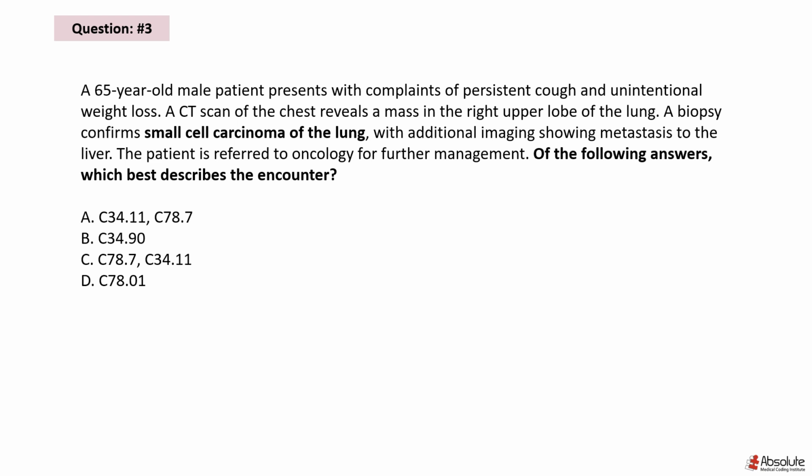A CT scan of the chest reveals a mass in the right upper lobe of the lung. A biopsy confirms small cell carcinoma of the lung with additional imaging showing metastasis to the liver. The patient is referred to oncology for further management. Of the following answers, which best describes the encounter? Okay, coders, you'll have 60 seconds to solve, and your time will begin now. Good luck.